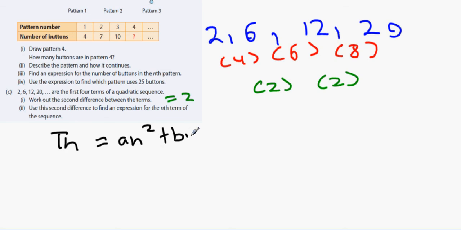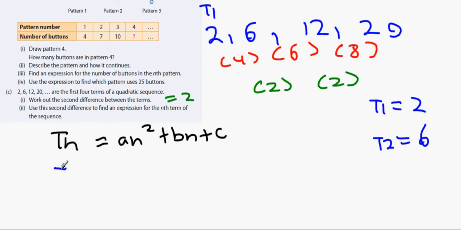And we use T1 equals 2 and T2 equals 6. One thing we need to know about a is that it's half the second difference. So a is a half of 2, which is 1. a equals 1. So Tn is currently n squared plus bn plus c.